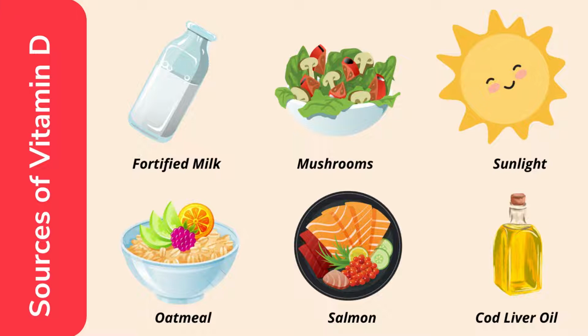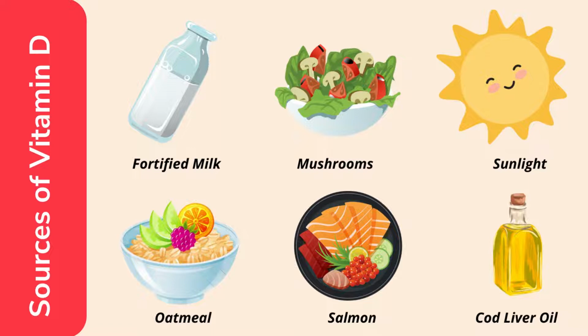Then calcitriol circulates in the blood as a hormone and plays an essential role in the absorption of calcium. So basically, sunlight is responsible for the conversion of cholesterol to cholecalciferol, and the further hydroxylation into the final form, calcitriol, helps in the absorption of calcium. So vitamin D and calcium go hand in hand.